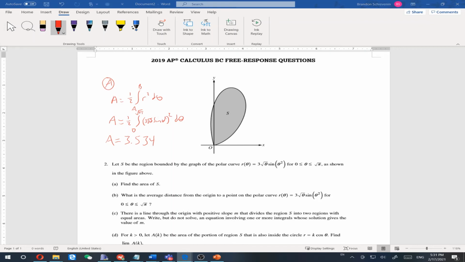Okay, over to Andrew for part B. I'm looking for the average distance from the origin to a point on the curve on our interval. What do I need to do?